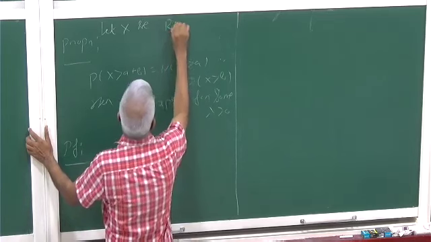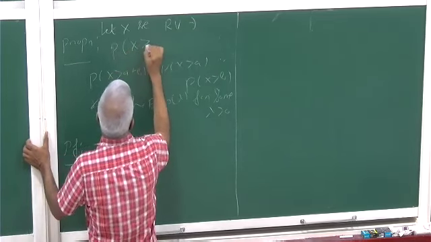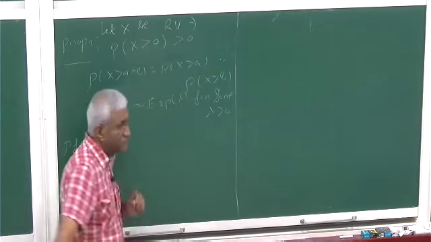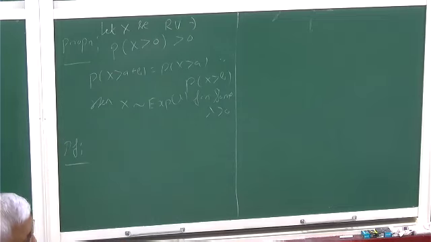Let X be a random variable such that probability of X greater than 0 is positive. I mean, it's not a purely negative random variable. It takes some positive values with positive probability.